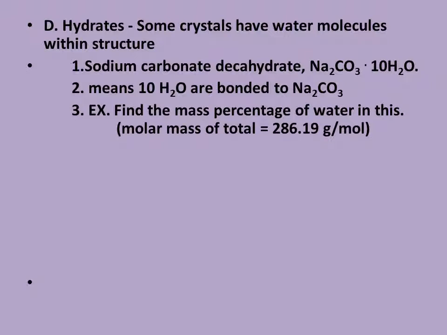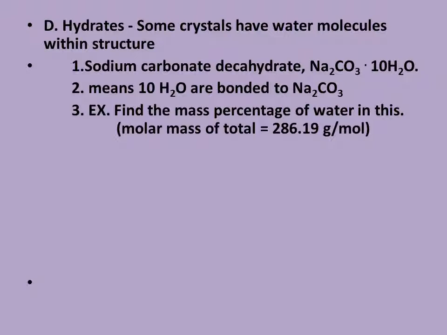So we could find the mass percent of water in this sodium carbonate decahydrate. Helping you out a little bit, the total molar mass of this is 286.19 grams per mole. Let me explain where that comes from. I hope you're listening here. To get the molar mass of that hydrate, we already know how to do the molar mass of the sodium carbonate.